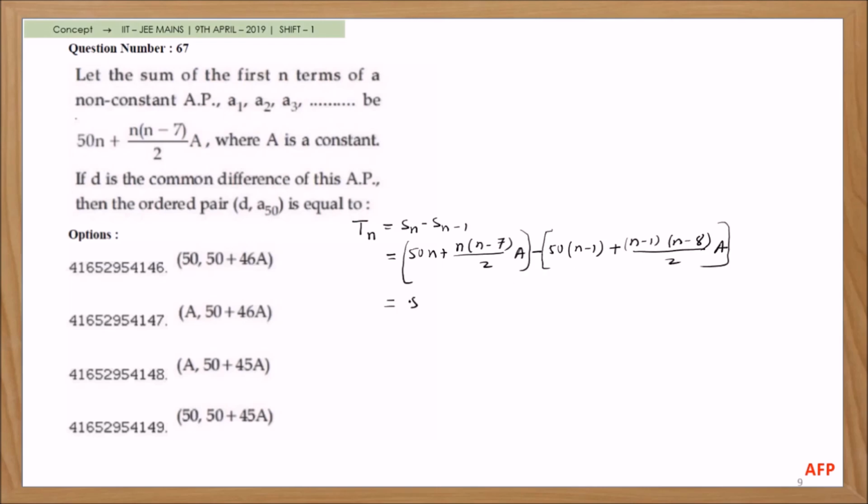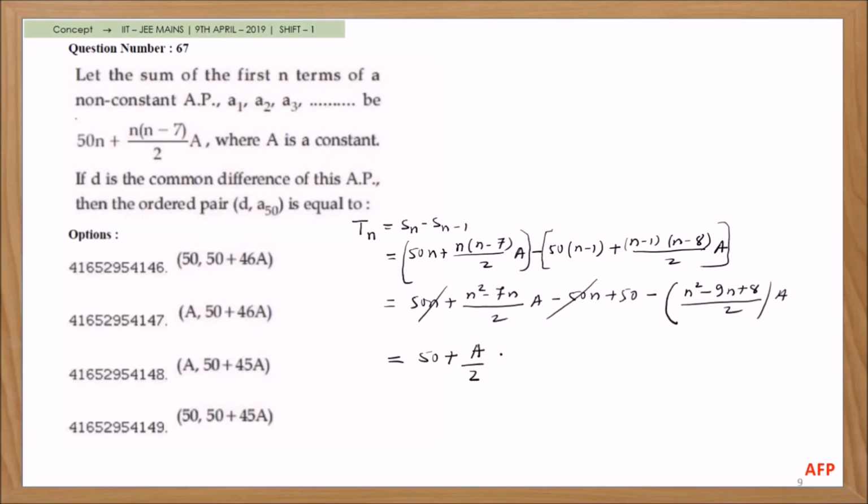Now the n square plus 7n terms, and 50n cancels, so plus 50 remains, plus a by 2 times n square minus 7n minus n square plus 9n minus 8.